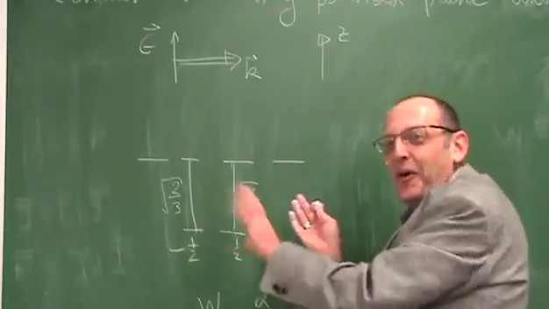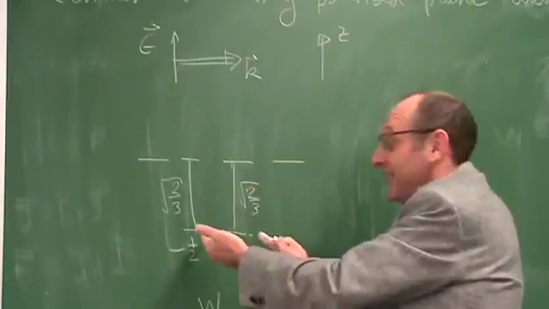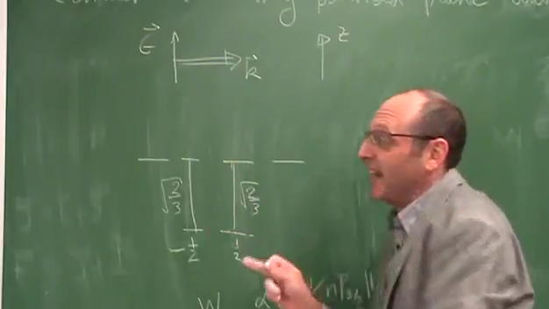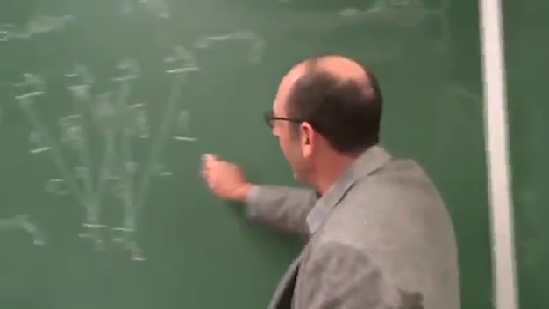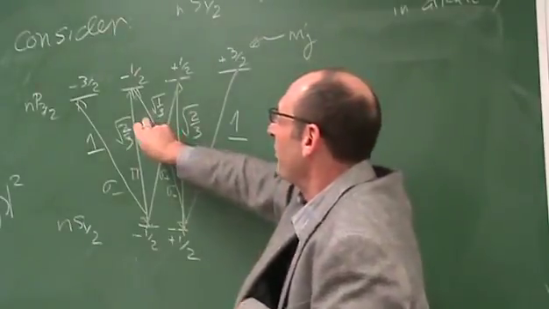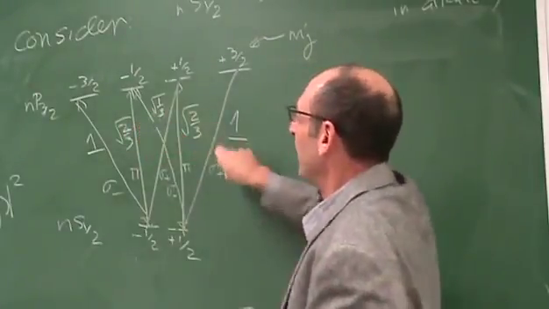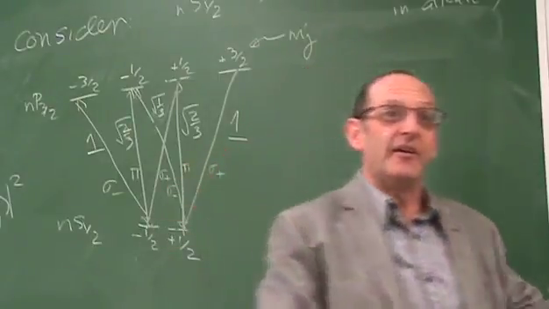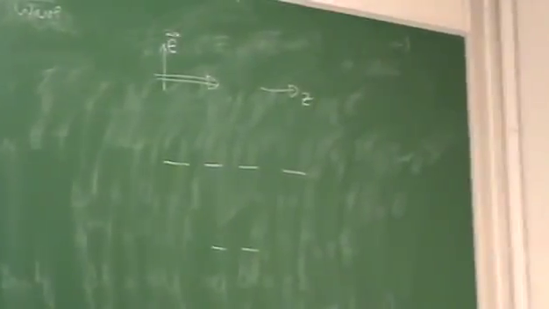I don't really need to worry about that because it was independent of the initial state, as long as it was linear. It's not true if it was circular, because this guy is one-third less absorbing than this, right? But for linear, they're the same. It doesn't matter what the initial state is. So I'm not going to worry about that part.